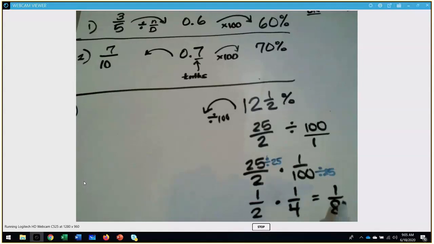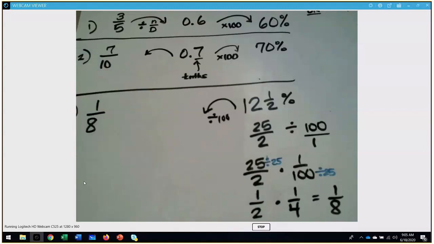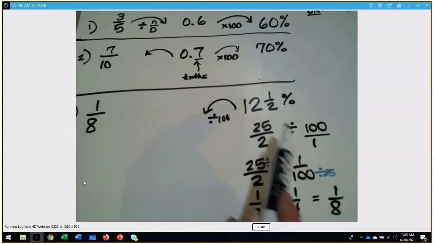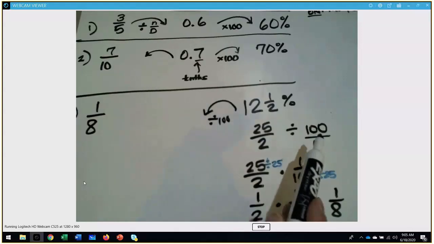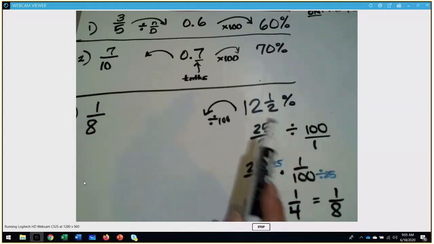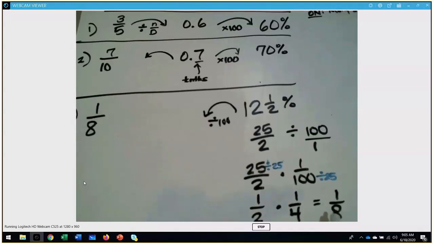I actually went to fraction form just now, so I'm going to pull that over here and stick it over there. So 12.5%, when I divided it by 100, took the percent sign off, and since I was working with fractions because of the mixed number that I started with, I ended up with a fraction. And so that part is already done.